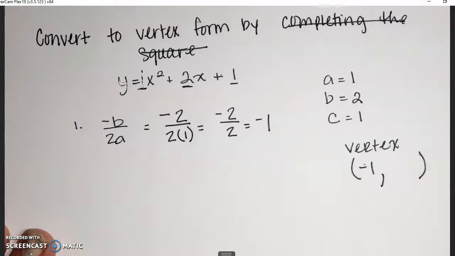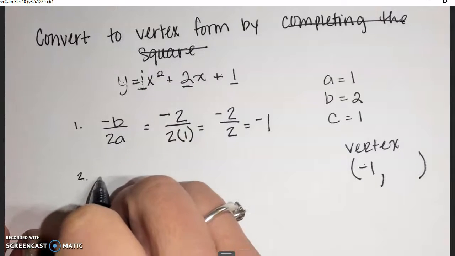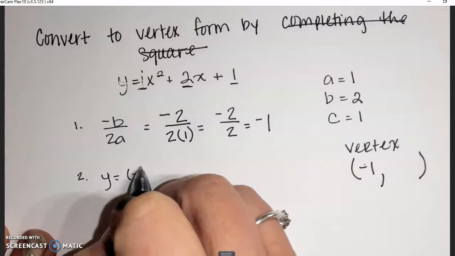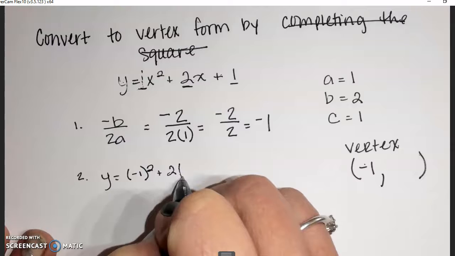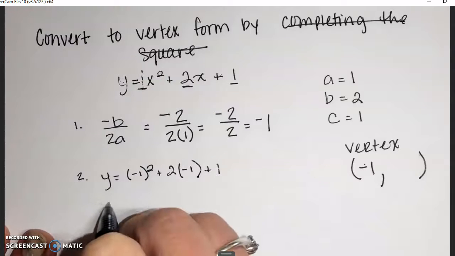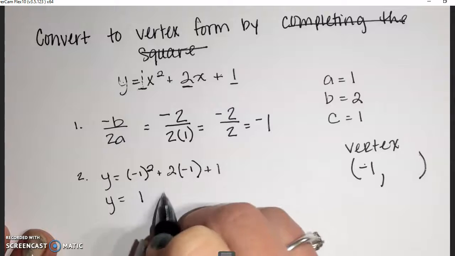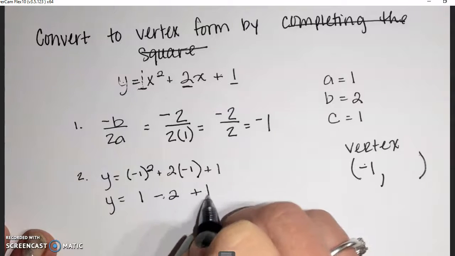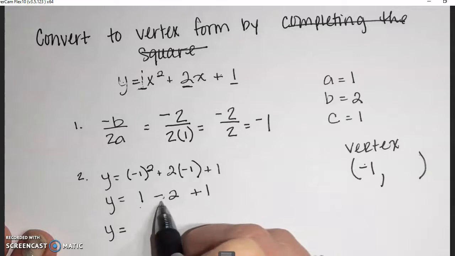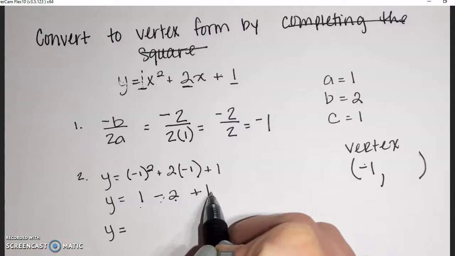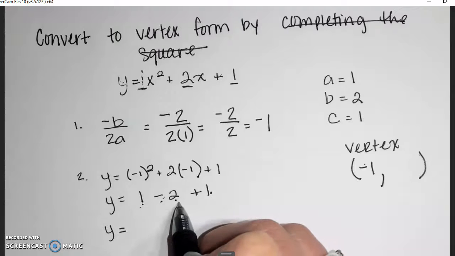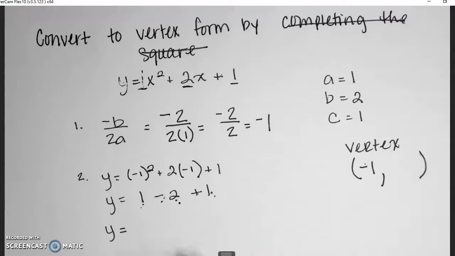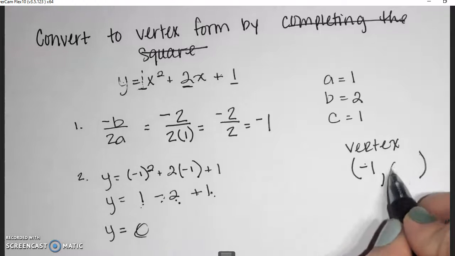How am I going to find my y? Well, you plug it back into what we got here. So y equals negative 1 squared, plus 2 times negative 1, plus 1. Negative 1 squared is positive 1. 2 times negative 1 is negative 2, plus 1. 1 minus 2 is negative 1, plus 1 equals 0. So my y is 0.